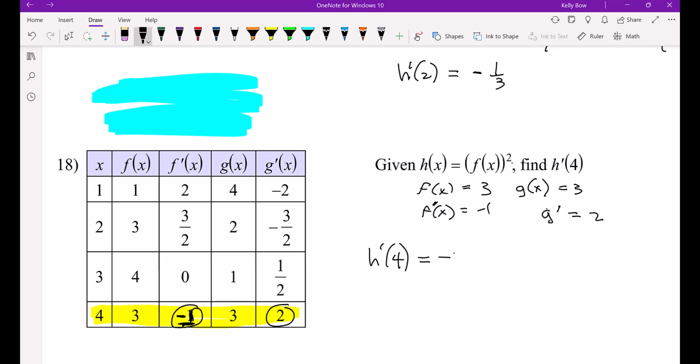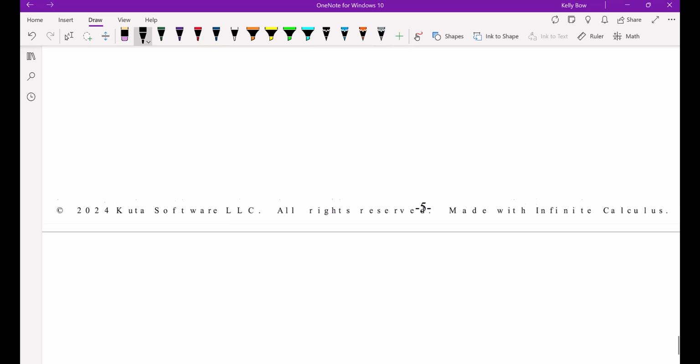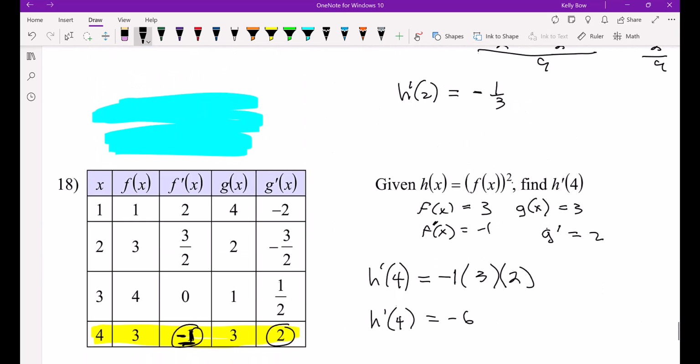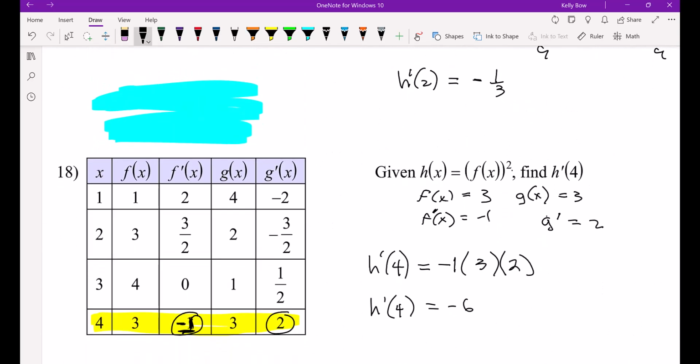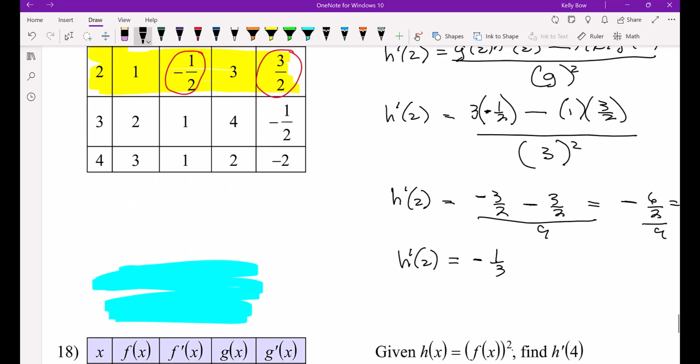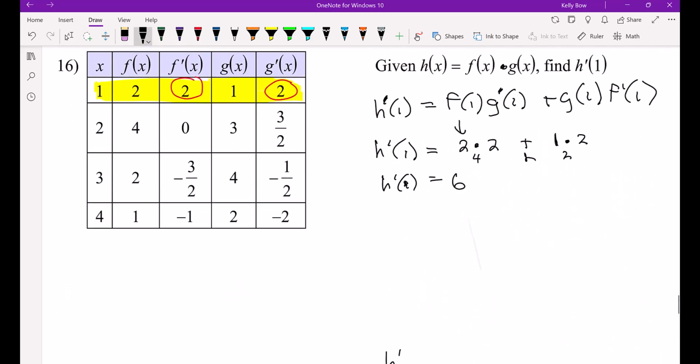So we have -1 with the g inside times the derivative of g. So in this case, it would be that. And I think that is it for the table method. This one in particular is a little bit tricky, but if you organize the information, it's not too bad.